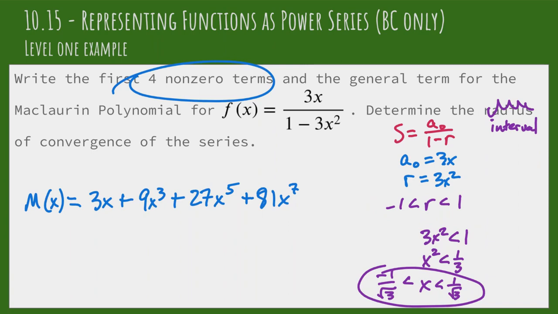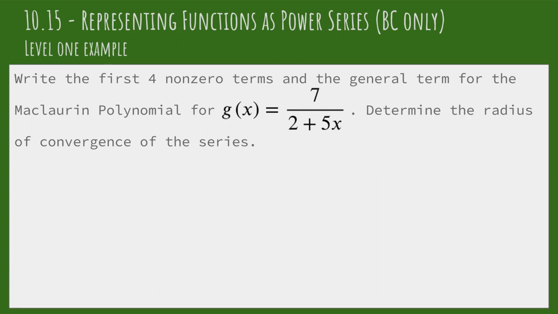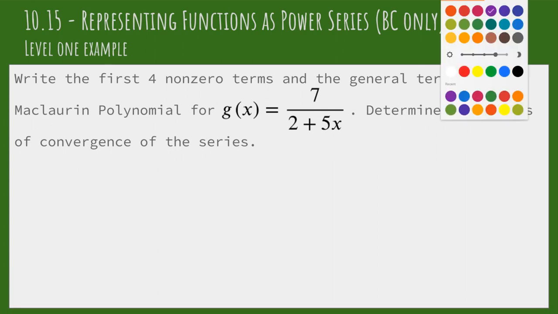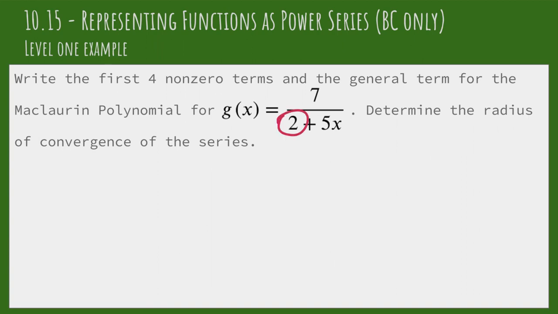So if we take a look at another example, I mentioned this when I introduced the idea of using a geometric series. This term here has to be 1 to fit in the form first term over 1 minus the common ratio. So what we're going to do is multiply the numerator and denominator by 1/2, which is going to get a 1 in that first term in the denominator.